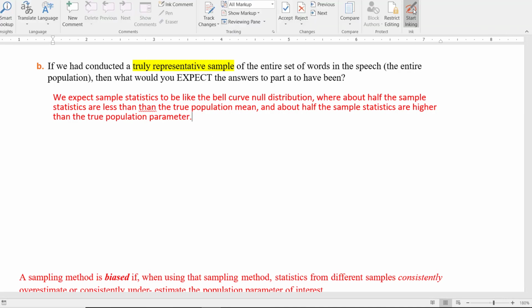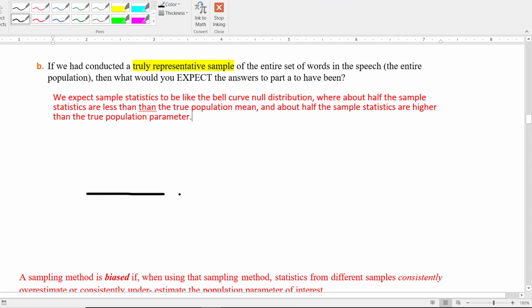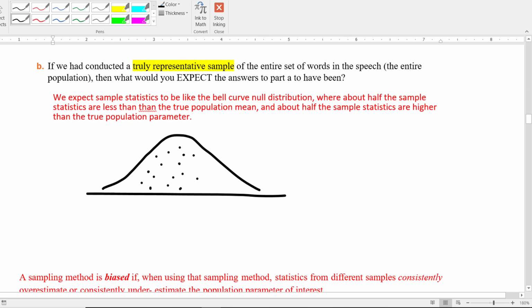In other words, we expect a dot plot where the students' sample means are mostly near the true population mean of 4.29, half of them below 4.29, half of them above.